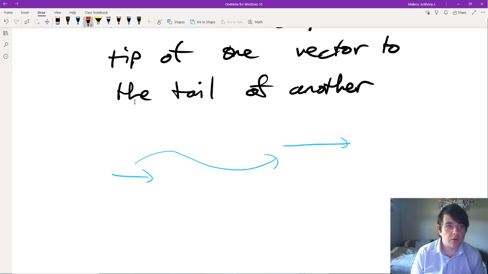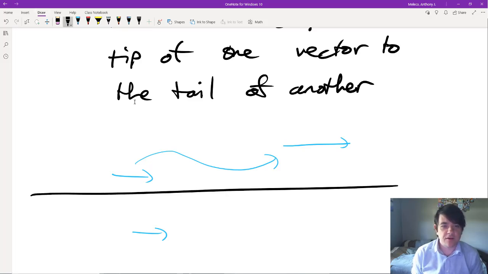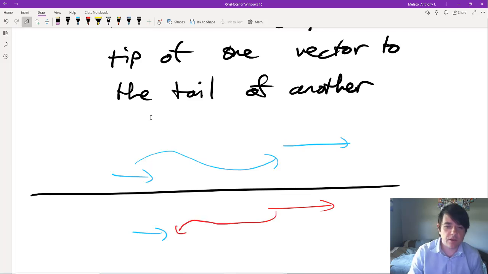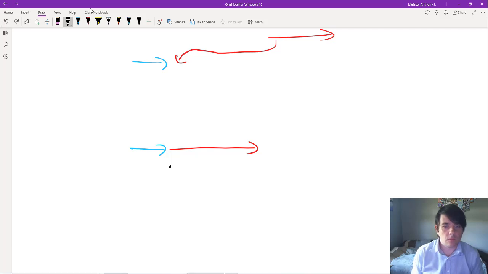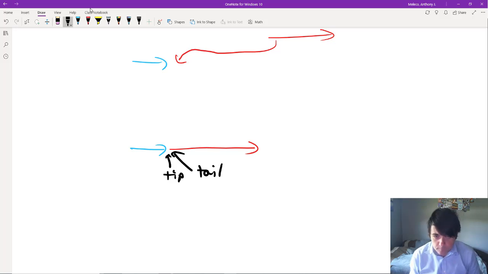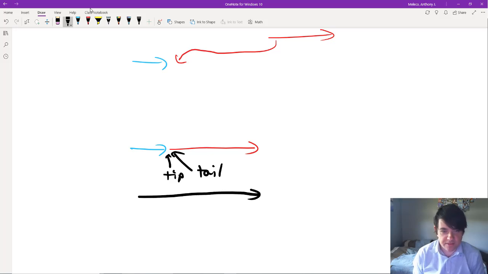So what we're going to do is, with our example, we had this vector, and then we've got this guy over here. We're going to move this over here, and so it'll be boom, boom. So you move the tip to tail, okay? And then you draw one more vector that encompasses both of them from the tail to the tip.